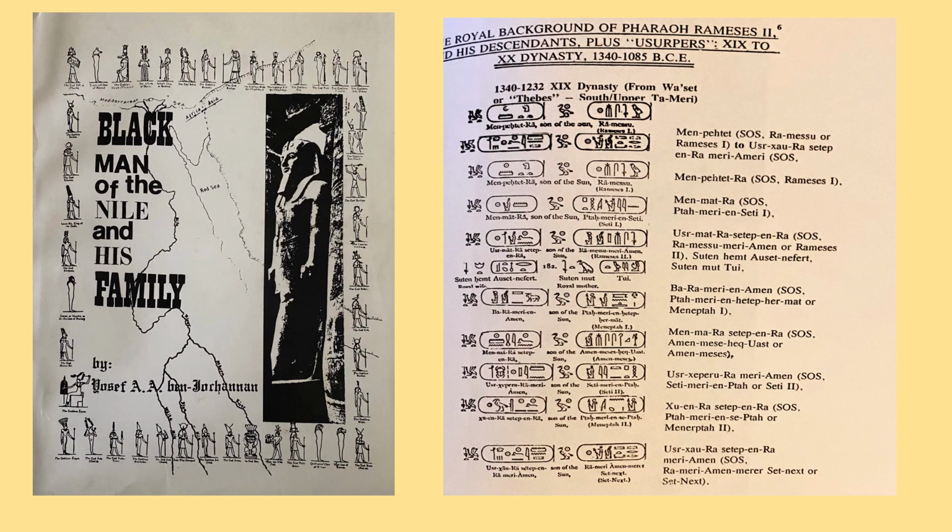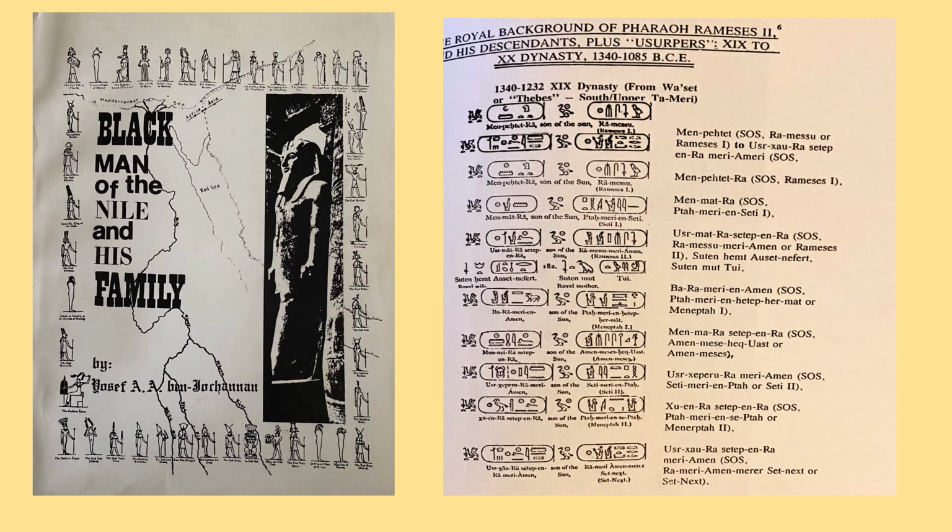So when we're called upon to identify these chief kings, as some will say, or pharaohs, as other people might say, or Sultan, as they identify themselves, we can use Dr. Ben's Black Man of the Nile and His Family as a reference.